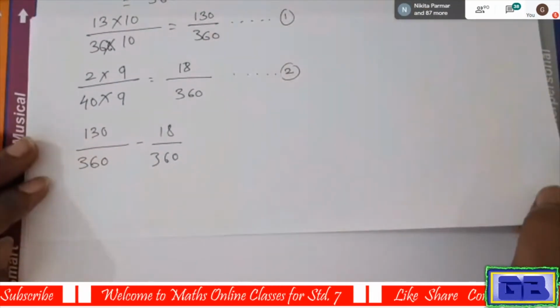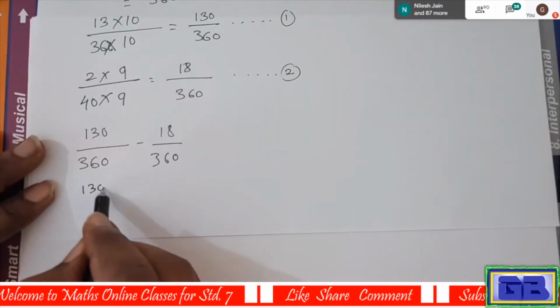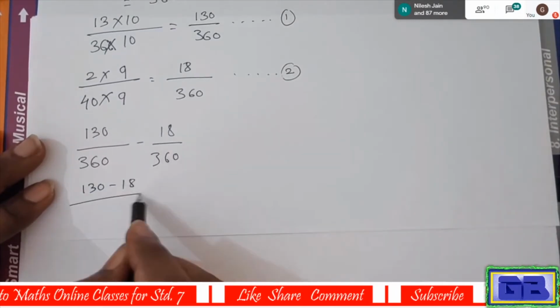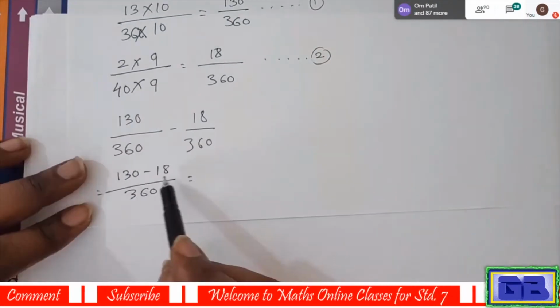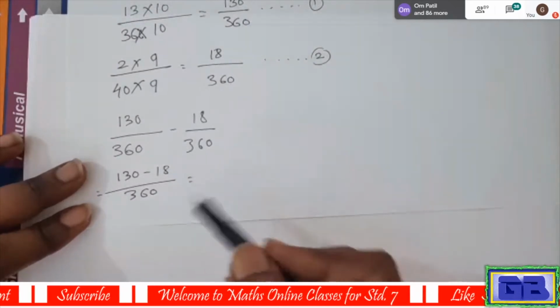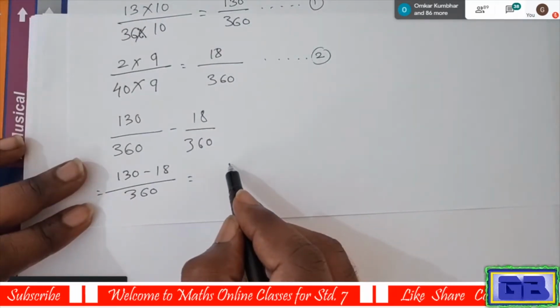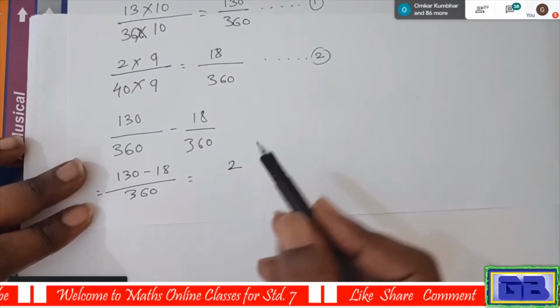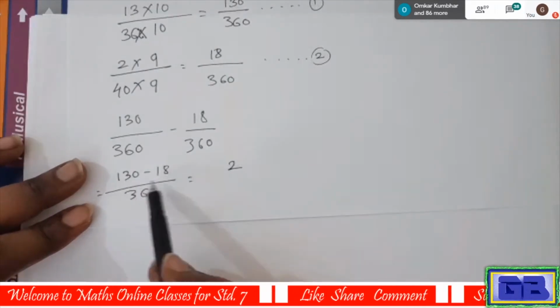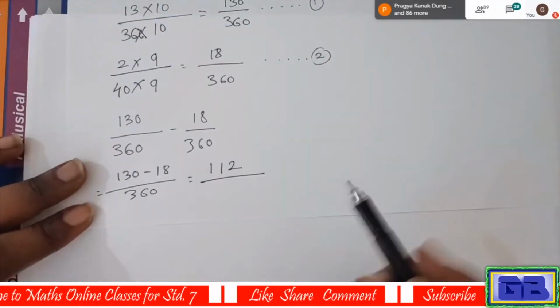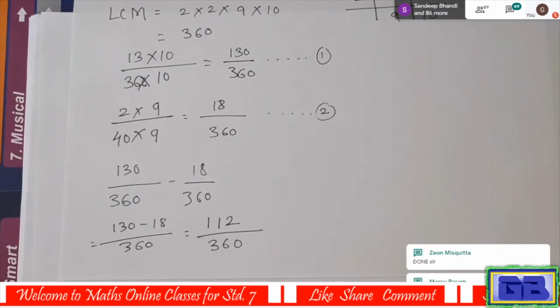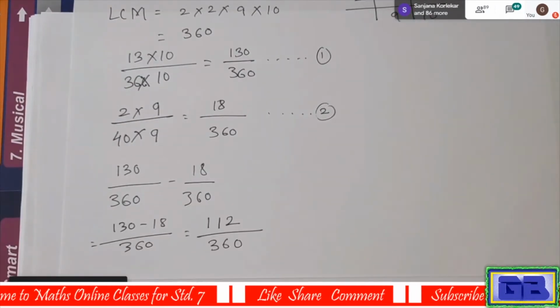Sir, please take your paper up. Yes, I took it. Now 130 minus 18 upon 360. From 10 we have to subtract 8, so we get 2, and here it remains 2 minus 1 is 1, so 112 upon 360. And now what will we do?